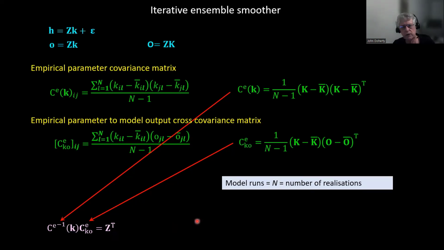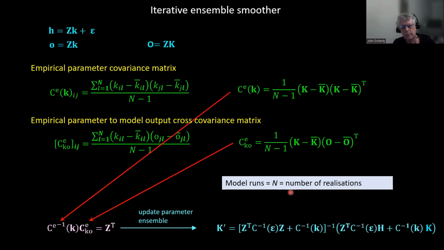Each time I do that, well, it only takes n model runs to do that, but I don't actually commit any model runs to this process because once I've got Z, I update my parameters using the equation we've now seen so many times, all together, all in parallel, not sequentially, using the same Z for all of them.